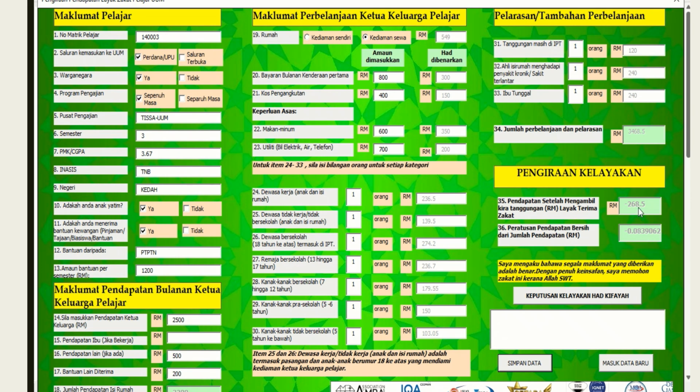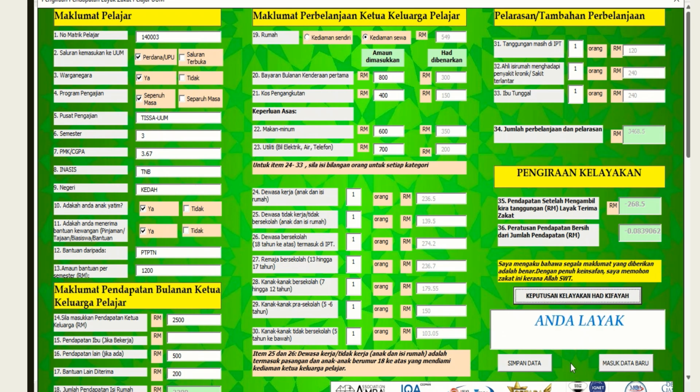Okay, so if you can see here, the total of the income minus everything, also considering the chronic disease and ibu tunggal, is actually negative. So basically this student obviously needs assistance. So if you click the result, it's under layak.